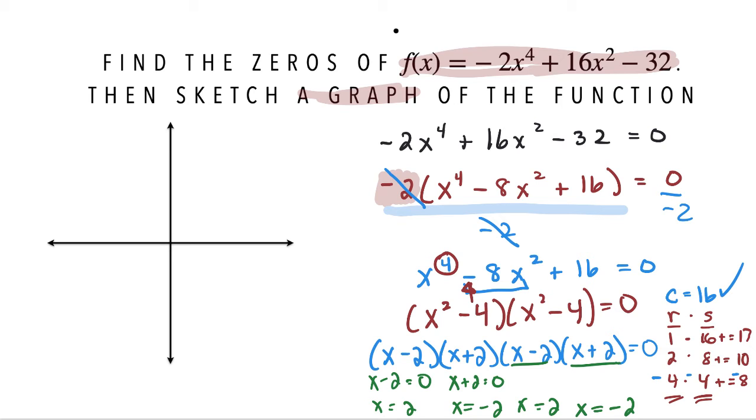Let's mark these on our graph now. So here's our solutions. X could equal, and I'm going to write it this way, negative 2, and I'm going to put an MP behind it of 2 and positive 2 multiplicity of 2.